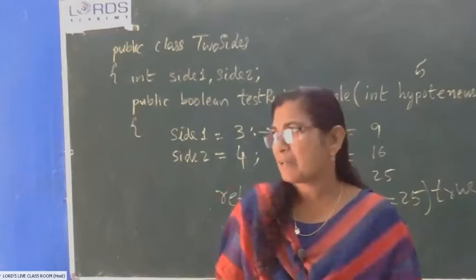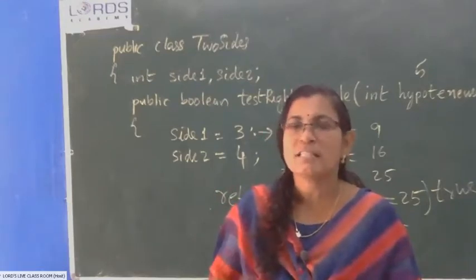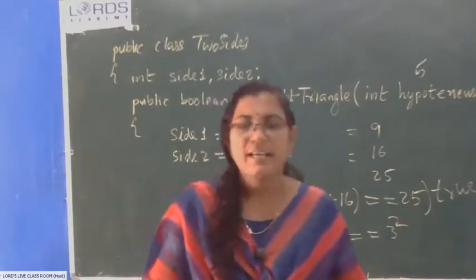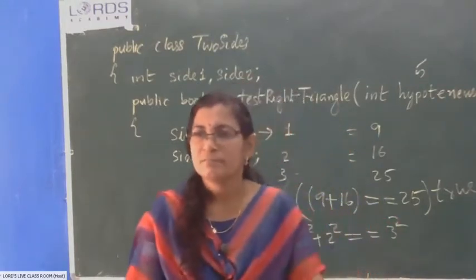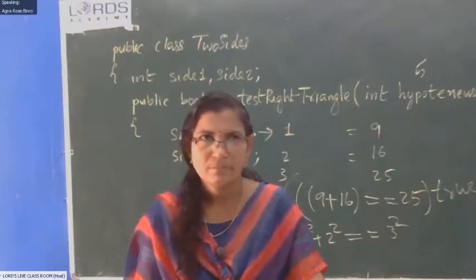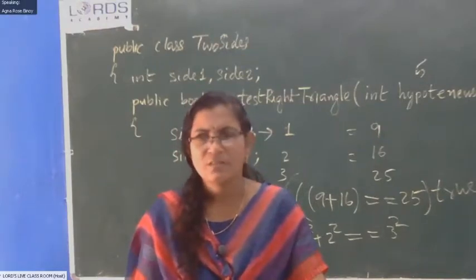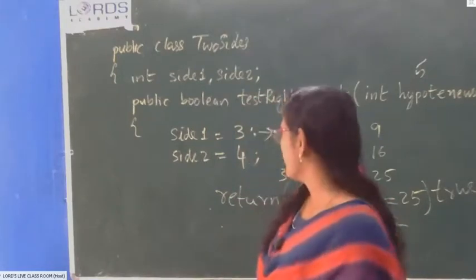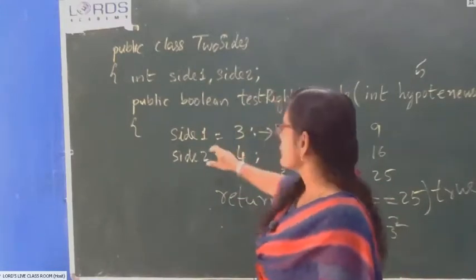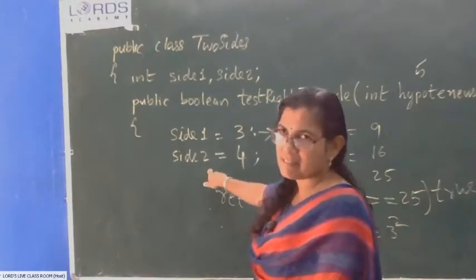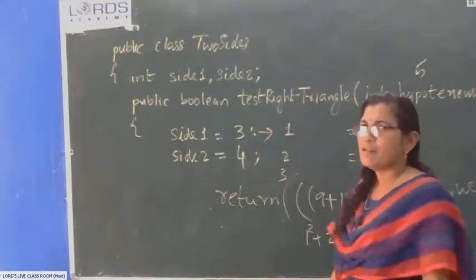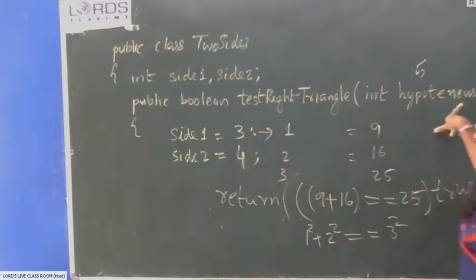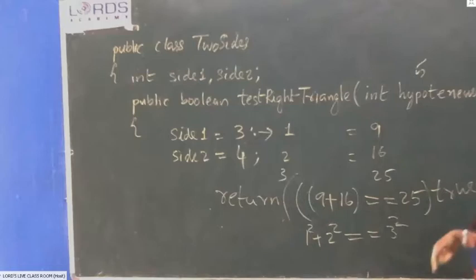I'll put a tick mark against the names of the students who are sending the homework done. Screenshot image, yes. No need to write any other method for the time being. Only this method. Okay. 2 statements you have to include inside this and give some values. According to the values you provided for side 1, side 2 and hypotenuse, it will give you true or false as the returned value.